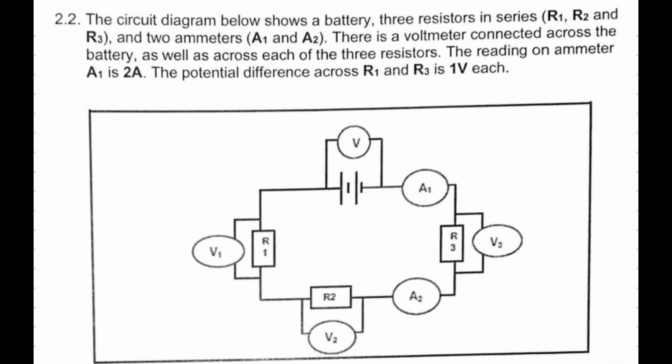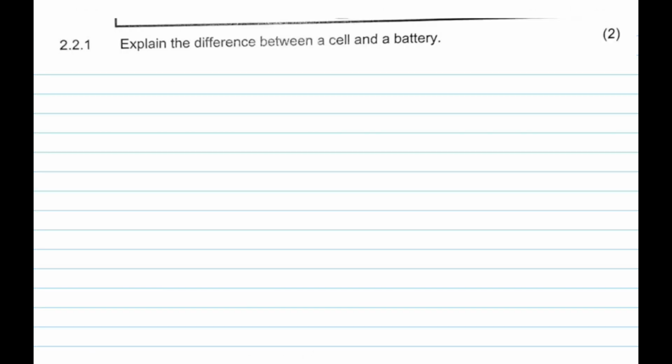So ammeter 1 is 2 ampere, we get that from the paragraph, and then we've got voltmeter 1 and voltmeter 3, which is 1 volt each, and I've highlighted the pathway here that if you look at it, you'll see that all of the resistors are in series, and it was also mentioned in the paragraph, so that is important information. So let's have a look at question 2.2.1.